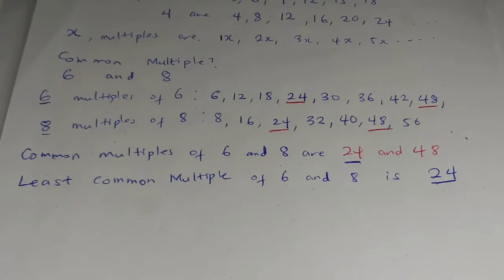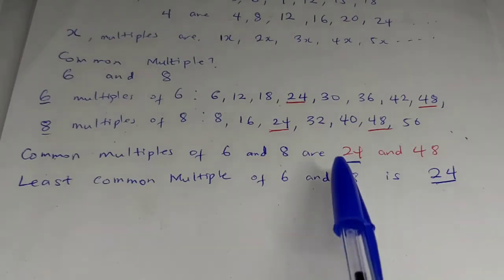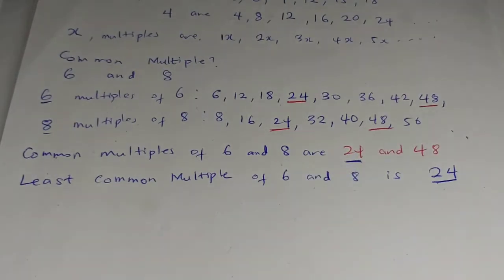Here 24 is a multiple of 6 and also a multiple of 8, and among all the common multiples of 6 and 8, 24 is the least. So 24 is the LCM of 6 and 8.